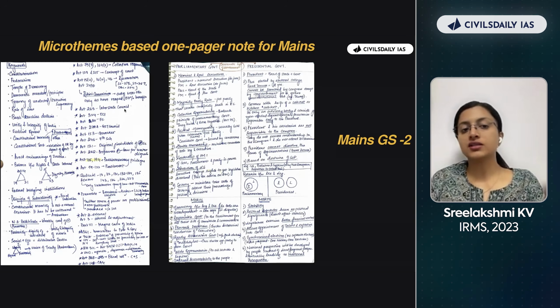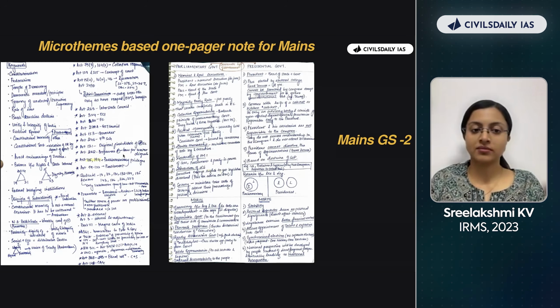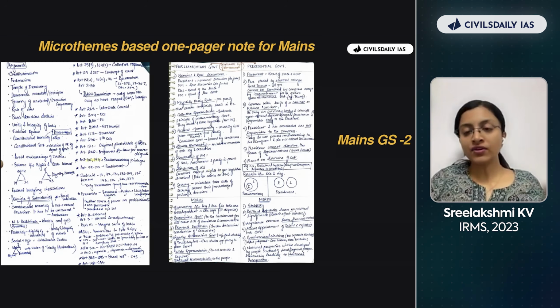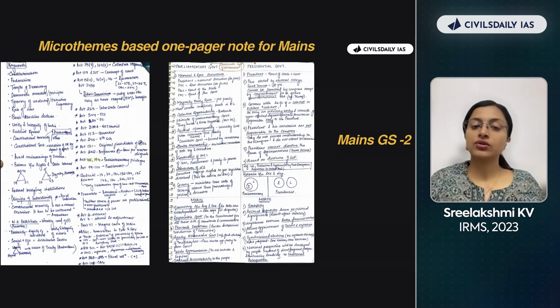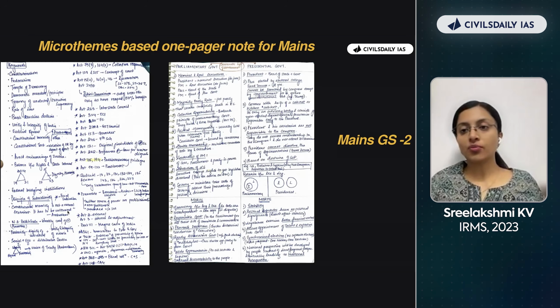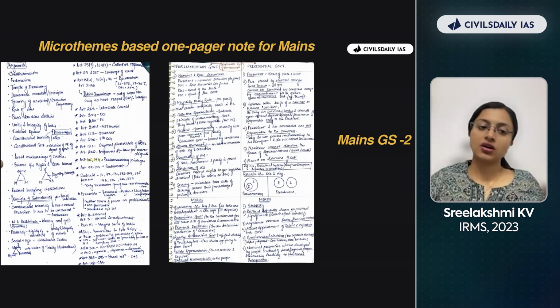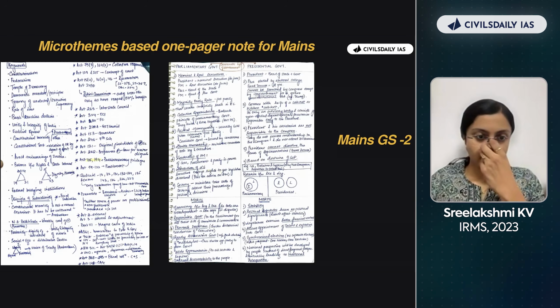I can add Interstate Council, Article 263, right? Even if you know all the constitutional articles, the examiner will not know what all you know, right? You have to put it down in your answer for the examiner to know that you actually know it. So wherever you get the opportunity to write articles, you must write articles, right?